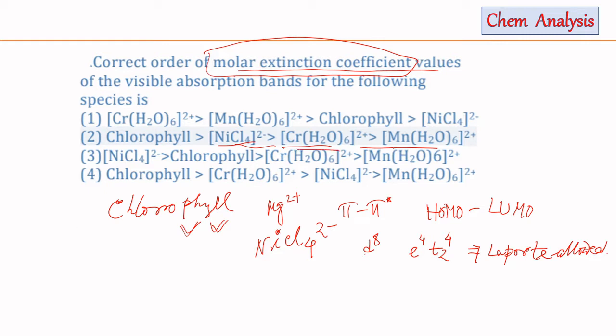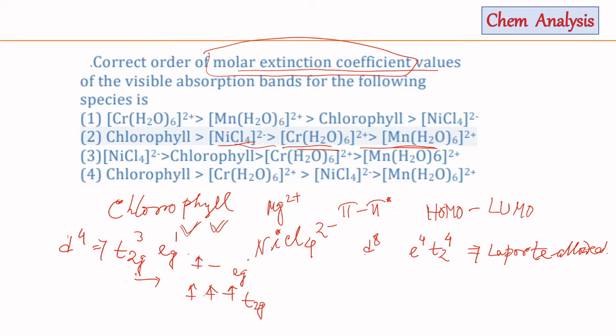Now, between these two octahedral complexes, chromium 2+ is a d4 system, and the electronic configuration will be t2g3 eg1.